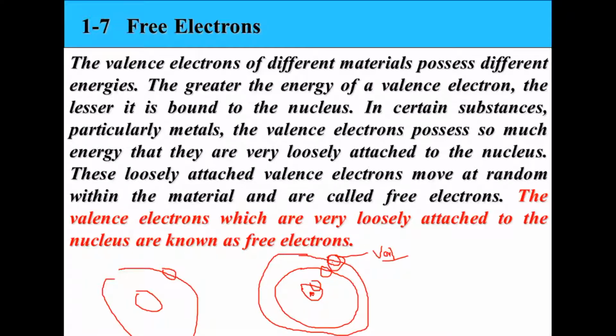So any atom that has many orbits, for example 4, 5, 6 orbits, with the last electron maybe in the 6th or 7th orbit, so far away from the nucleus, those electrons in that last orbit are called free electrons. Let me simply put it: any electrons in an orbit of an atom that is so far from the nucleus are called free electrons.